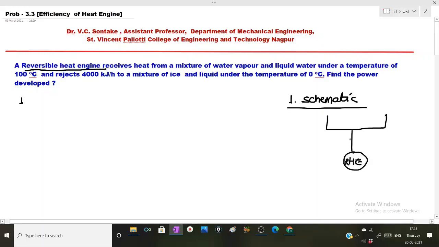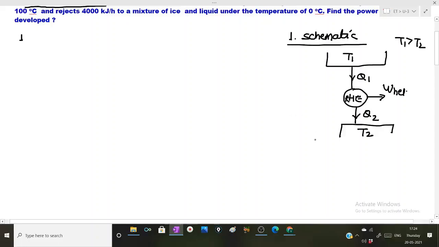It receives heat from the source at temperature T1, produces net work output and rejects Q2 heat to the sink. Obviously, T1 is greater than T2. And this diagram represents a reversible heat engine.